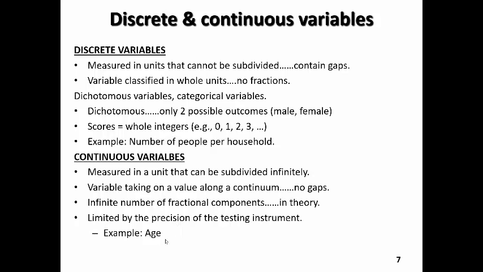So as an example, very often age is quantified in years, but we can be more specific and more precise. So we can measure age in terms of years and months and weeks and days and hours, and so we can see that in that application, age can take on more of a continuous property.